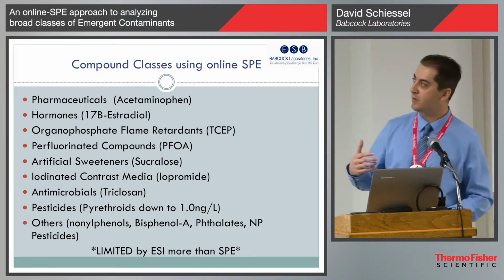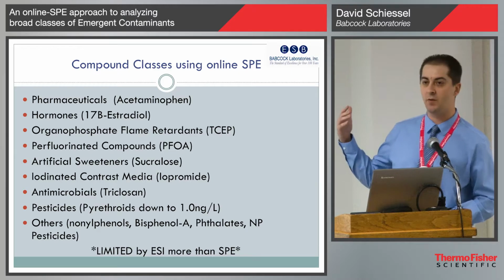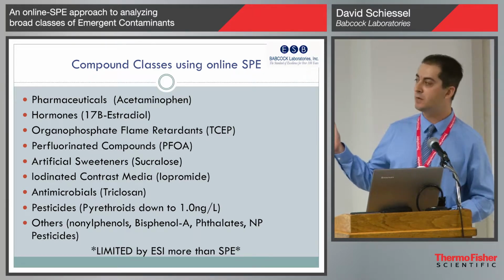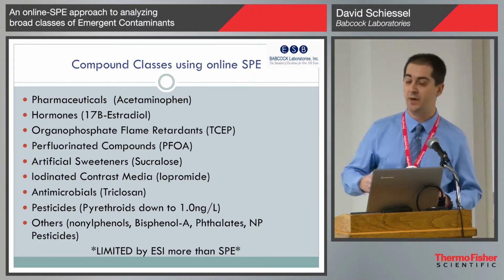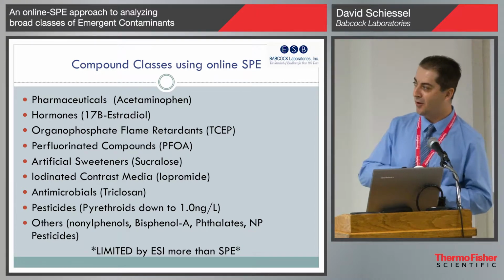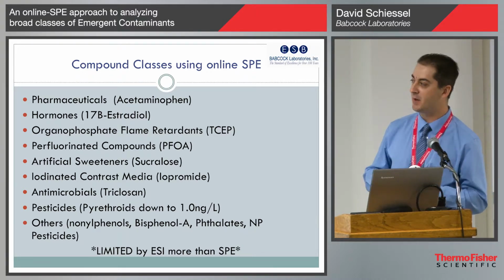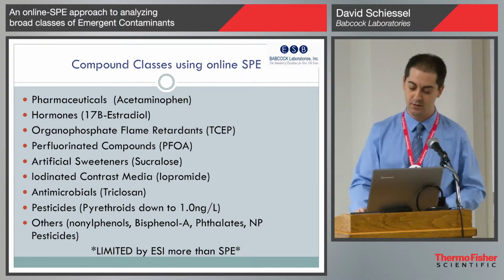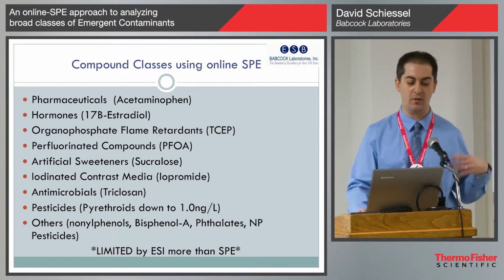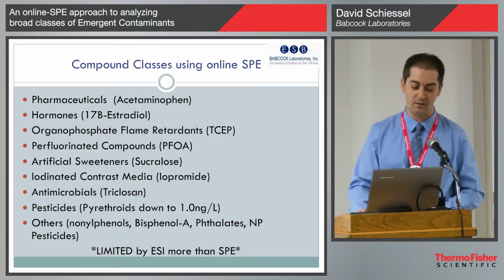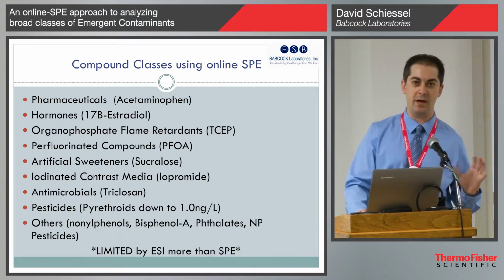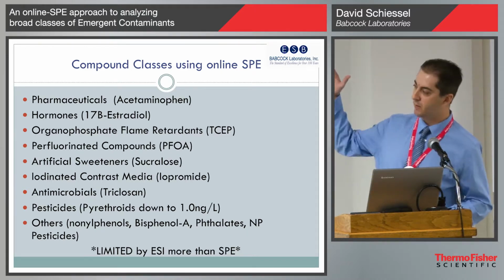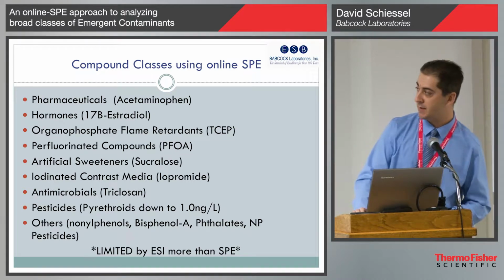So this is just to give you an idea of what compound classes we do. Of course, we don't do the full suite of everything. We don't do all hormones, all organoflame, but we do some targeted contaminants that have been shown to appear, and so there's a list of about 20 contaminants covering these classes.